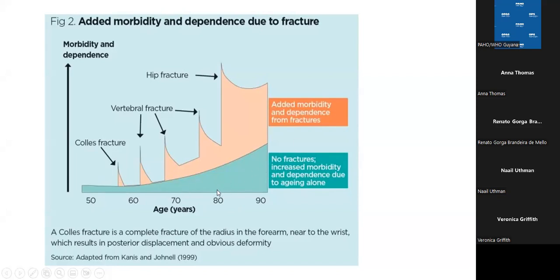However, if a Colles fracture, a wrist fracture occurs, this is the added morbidity that is imposed for some time. A vertebral fracture may impose added morbidity that can become permanent, and a hip fracture is the worst case scenario.